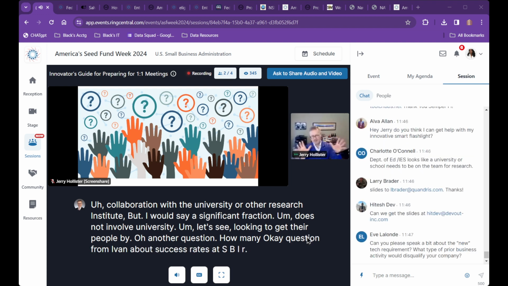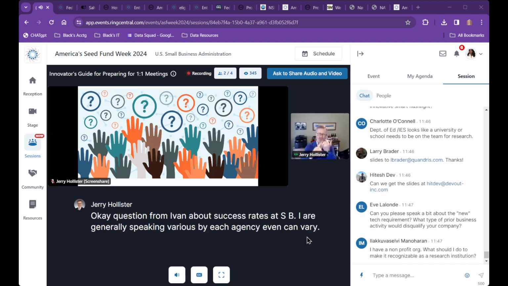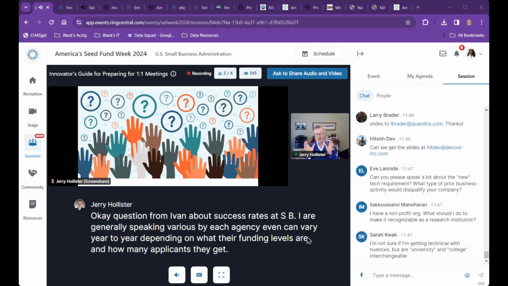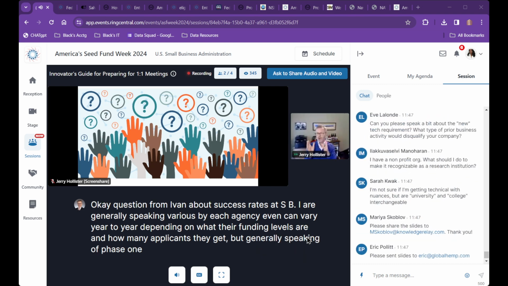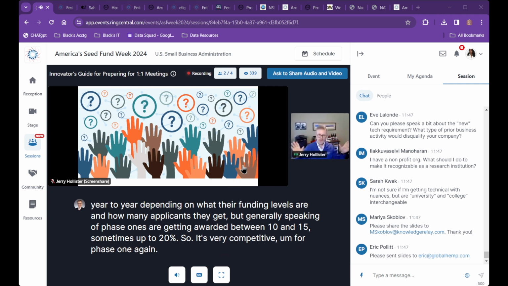Generally speaking, it varies by each agency. It can even vary year to year depending on what their funding levels are and how many applicants they get. But generally speaking, phase ones are getting awarded between 10 and 15, sometimes up to 20%. So it's very competitive for phase one. Again, a very general statement.